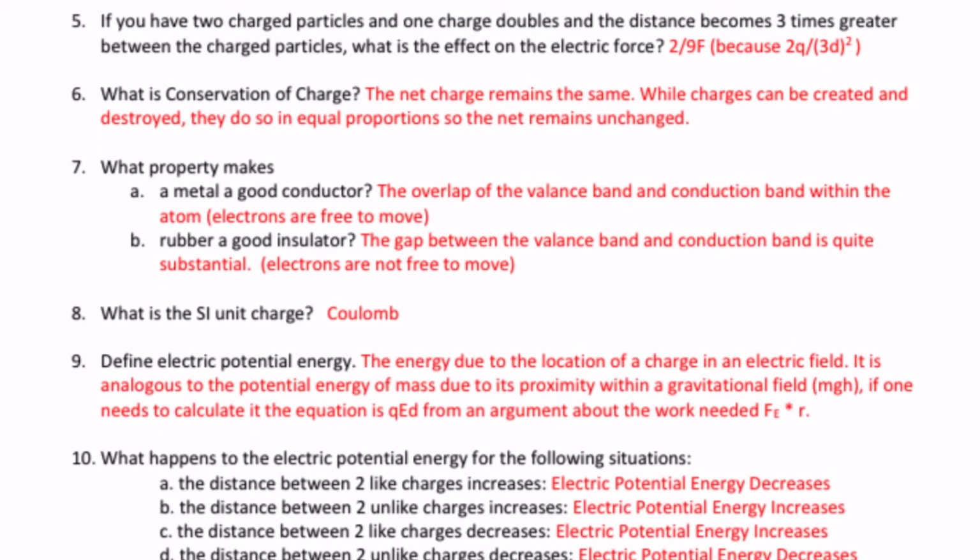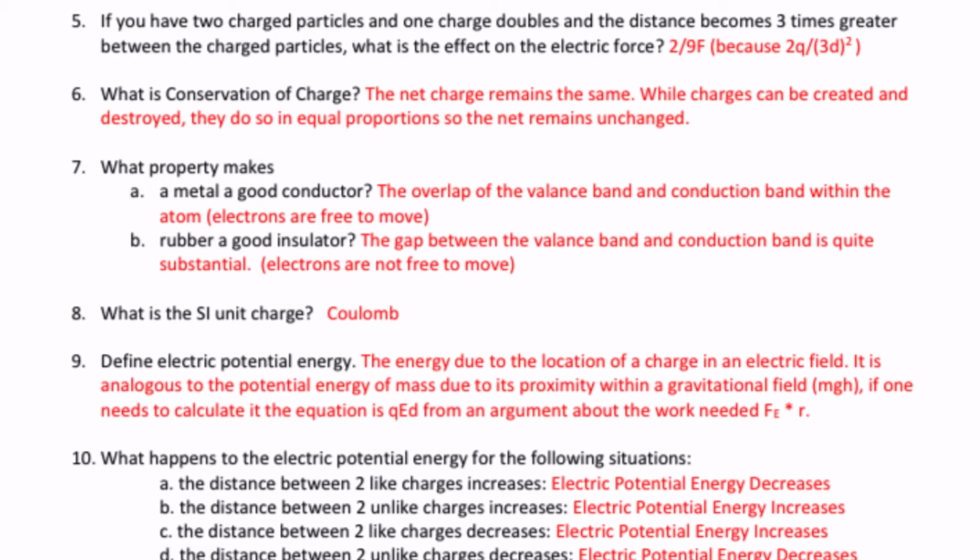If you have 2 charged particles and 1 charge doubles, and the distance becomes 3 times greater between the charged particles, what is the effect on the electric force? They just put the little symbols for whatever they represent, like distance with a D and Q with the charges.